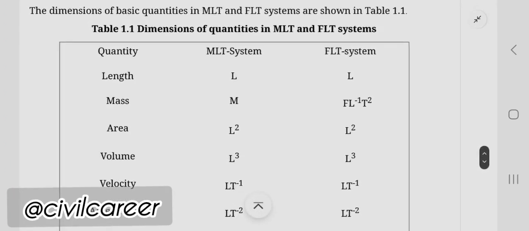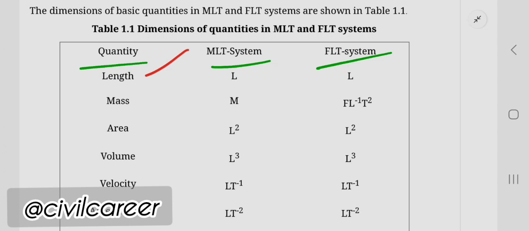The dimensions of basic quantities in the MLT and FLT systems are shown in this table. The first column shows the quantity, the second one the MLT system and the third one the FLT system. Length: in the MLT system we represent it with L, and in the FLT system also L. Mass: M, and in the FLT system F L raised to minus 1 T raised to 2.